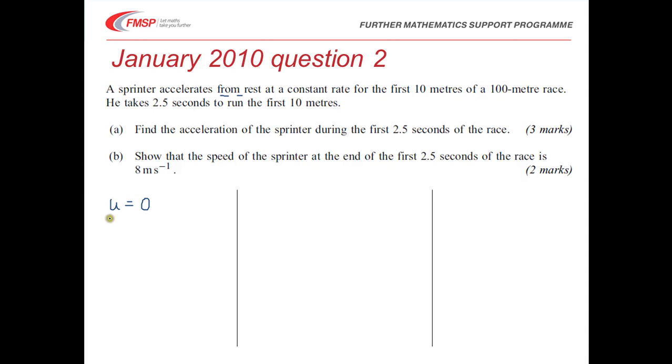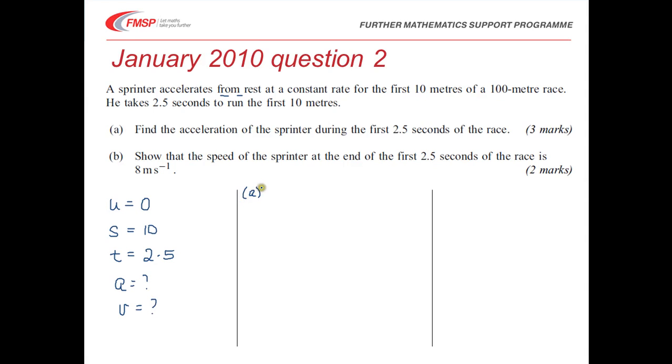We're only concerned in A and B with this first 10 metres, so we have s equals 10, and we're also told that he takes 2.5 seconds to run that 10 metres. So in part A we're asked to find the acceleration, and then in part B we're asked to find the velocity at the end of that 2.5 seconds. So I'm just combining that information for the two parts.